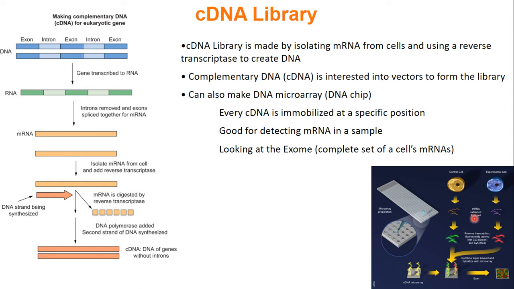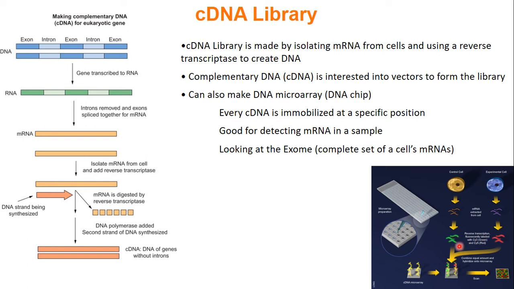Let's say you're looking at a cancer cell versus a non-cancer cell, and you want to see which proteins are being overexpressed or underexpressed in your cancer cell. You can do that using a DNA microarray. You take your non-cancer cell and measure your mRNA levels, which tells you what proteins are being made. Compare that with your cancer cells.